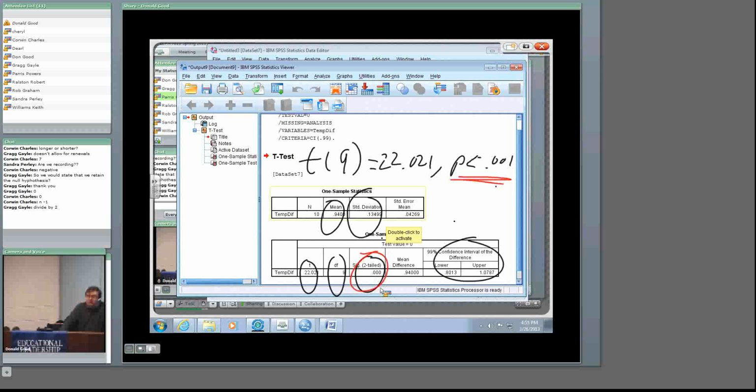The answer is yes, because my p-value is less than my alpha level. In this case, some number less than 0.001 is less than 0.01. So there's a significant difference. Specifically, the temperature is indeed getting warmer, at least for these data.